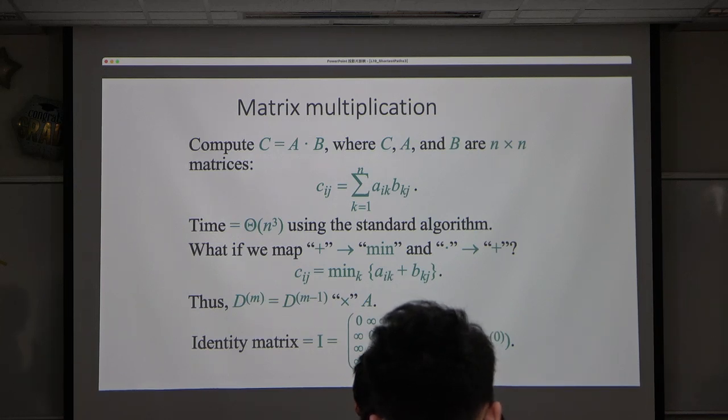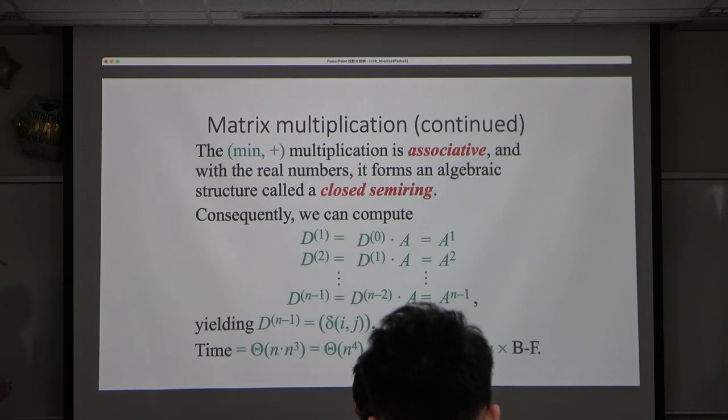So it's going to be the identity times A, which is A. Once you do that, this structure is called a closed semiring.